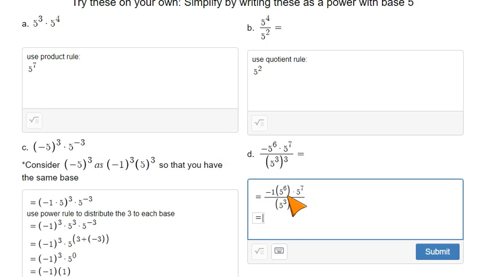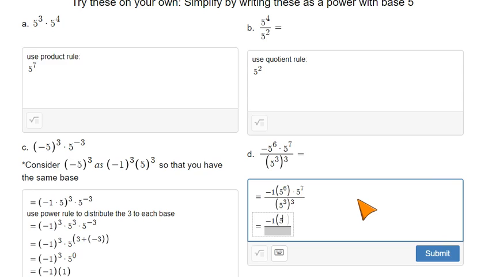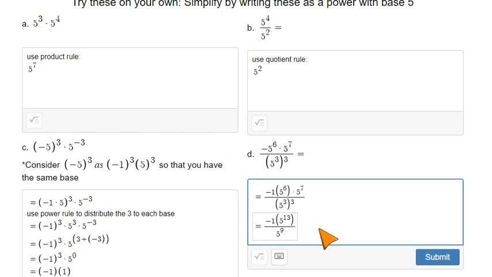So in the numerator, I'm going to leave the negative 1, and then I'm going to combine these two powers using the product rule, and I have 5 to the 13. I've added our two exponents. In the denominator, I have 5 to the power of 3, all raised to the power of 3. So that would give us 5 to the power of 9 using the power rule.